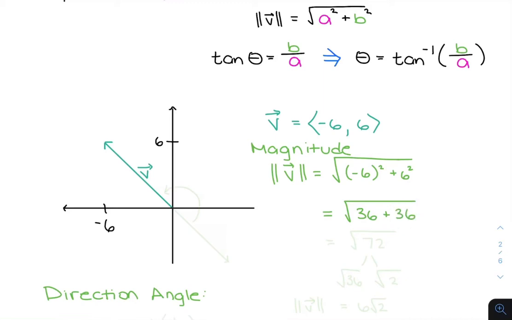Adding this up, 36 plus 36 is 72. We can simplify this by breaking it into two separate square roots. A perfect square that goes into 72 is 36 and 2, because 2 times 36 is 72. So the square root of 72 is just equal to 6 square root of 2. So this is our magnitude of the vector 6, negative 6.